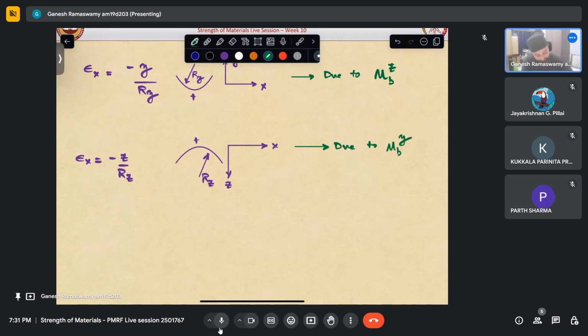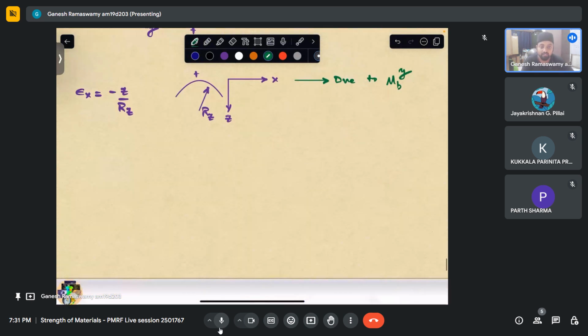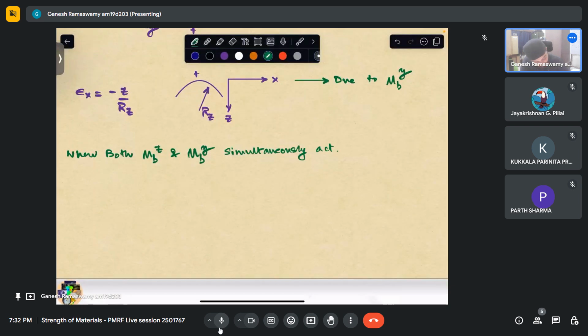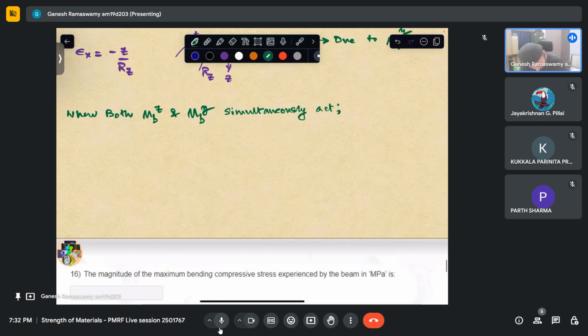Now, when both of these simultaneously act, then the total strain will be minus y by ry minus z by rz.